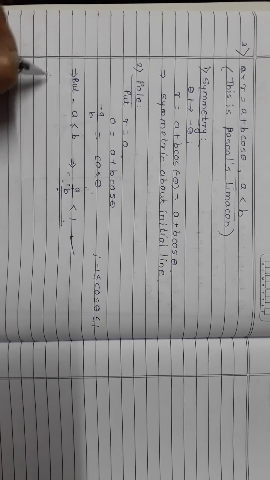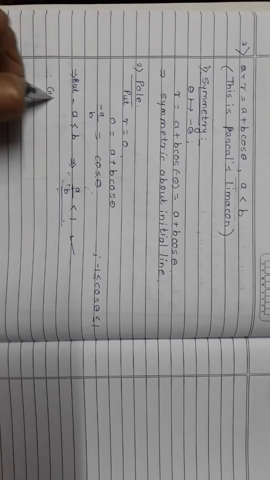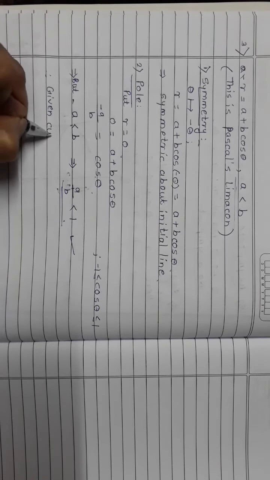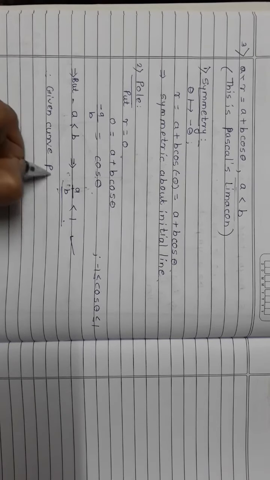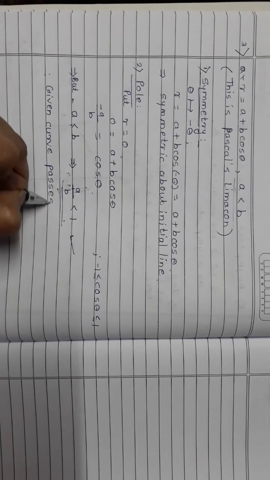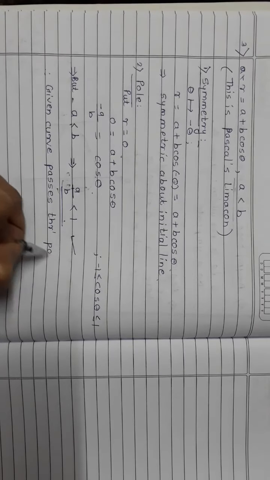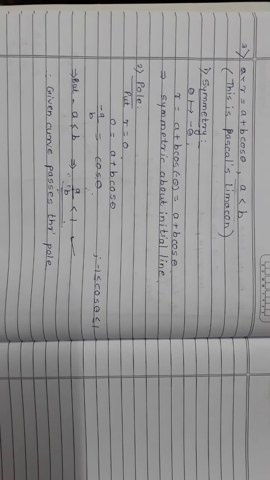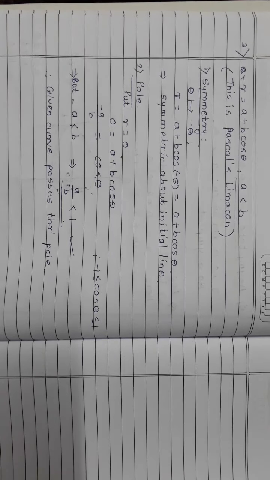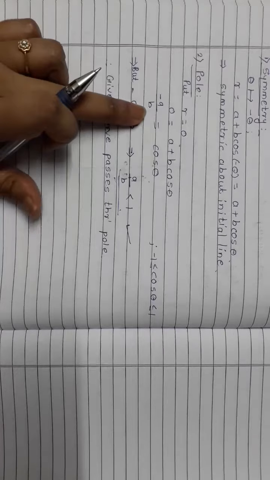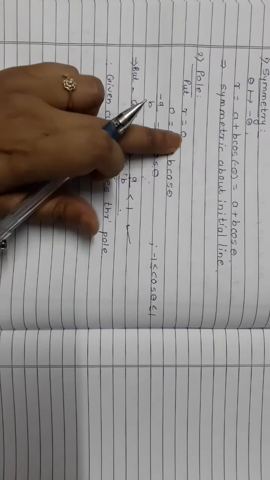So therefore, the given curve passes through the pole. Right, so since this is passing through the pole, for which value am I getting r is equal to 0?